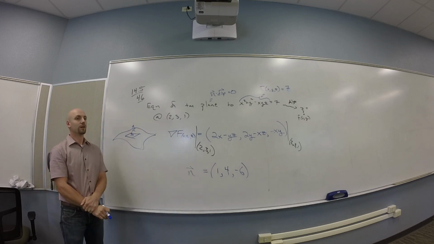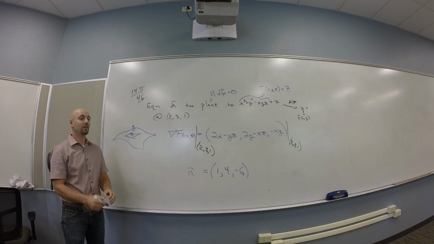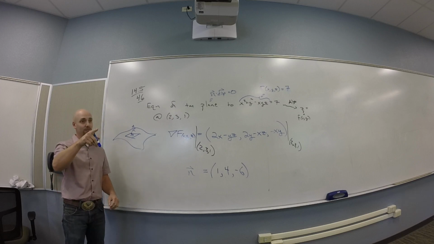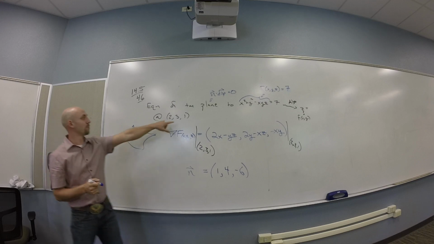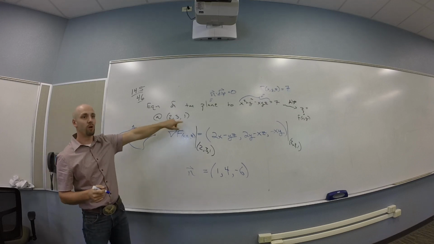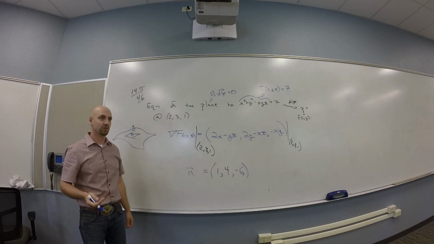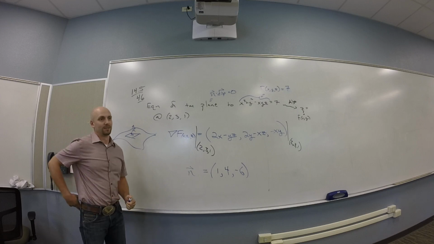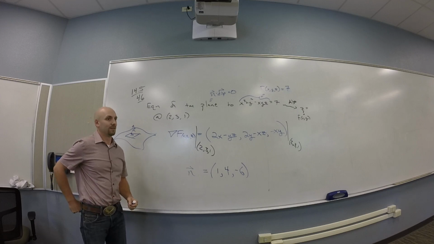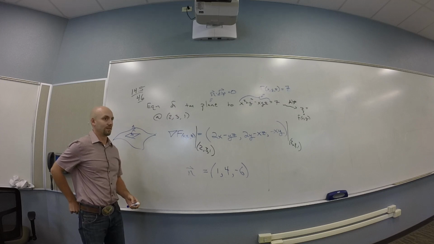And then you would multiply that by the displacement? Yeah, so I need a displacement vector, right? That should be a vector that goes from the point 2, 3, 1 to some other point in the world. So you do that as x, y, and z minus your point.